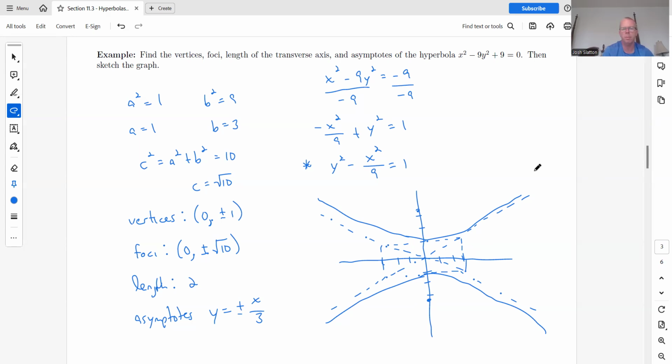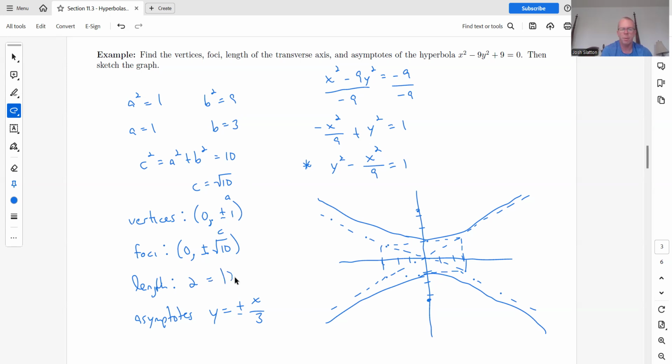All right. And so these you may not have ever seen before, just like the ellipse in the last section. So I would suggest doing these in the same order. You get the equation in the standard form, get your a, get your b, get your c, and then the a tells you your vertices, your c tells you your focus points.